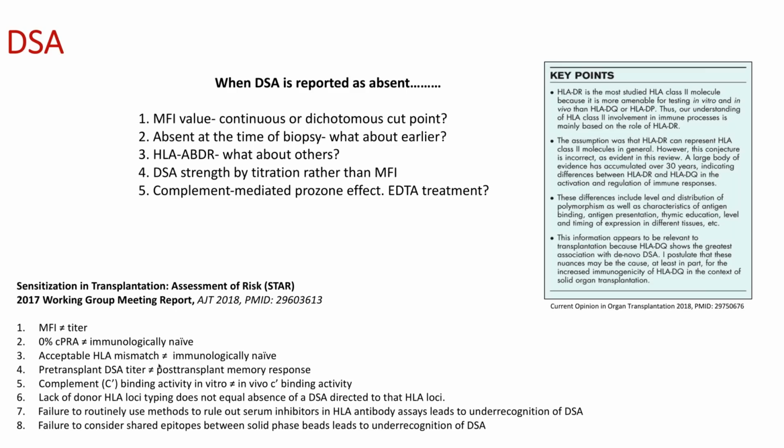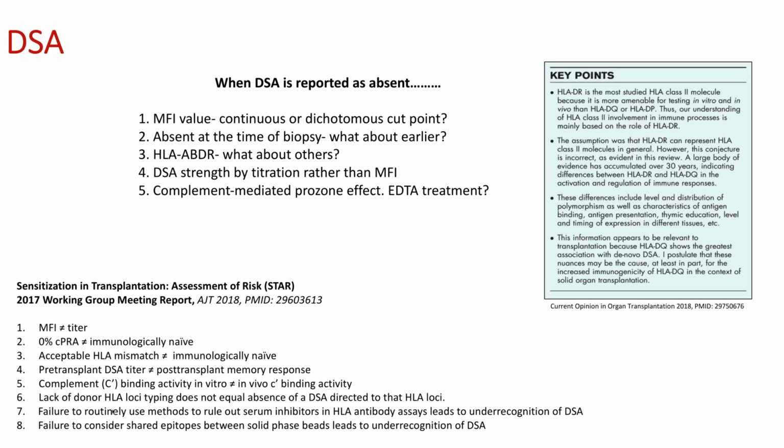Complement binding activity in vitro is not equivalent to in vivo complement binding activity. Lack of donor HLA loci typing is not equal to the absence of DSA directed to that HLA loci. Again, it's reflected here. Simply because you typed only A, B, DR and then said that DSA is negative doesn't mean that there cannot be antibodies directed against other loci. Failure to routinely use methods to rule out serum inhibitors of HLA antibodies, like this EDTA treatment, leads to under-recognition of DSA.